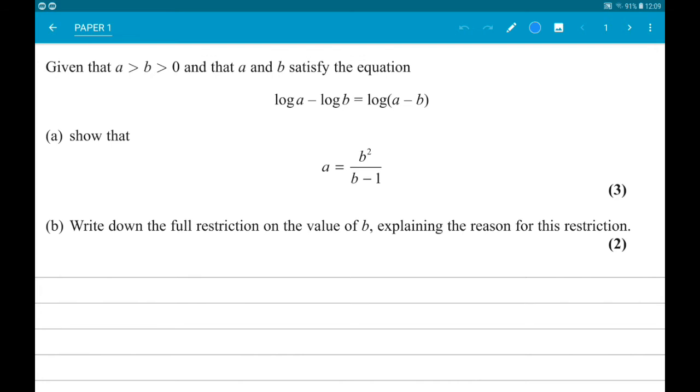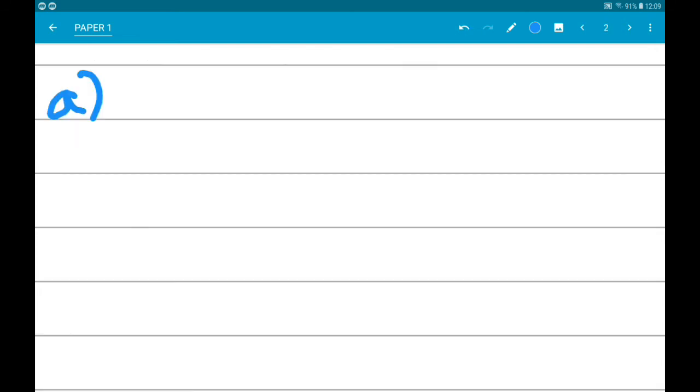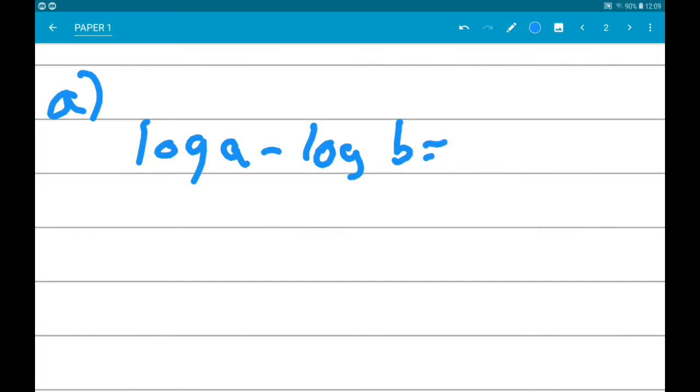Okay, so, using the laws of logs, log A minus log B is a log of A over B. Now, in this case, we are being told that it's also a log of A minus B.